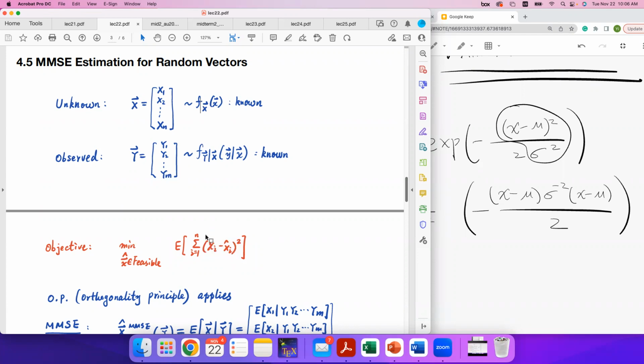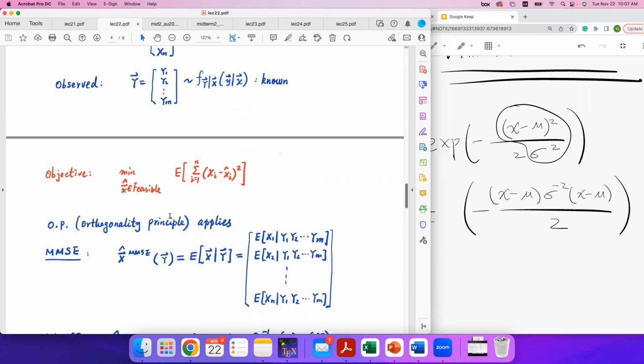This is the square error between your underlying random variable in the i-th coordinate and the corresponding estimator for the i-th random variable. Then you sum up all these estimation errors over all the dimensions. It's a very straightforward generalization. So this is the minimum mean square error estimation in the high dimensional space.